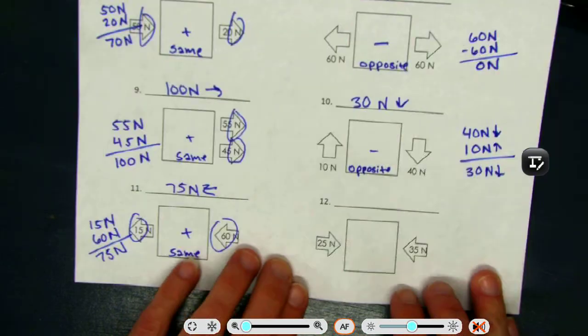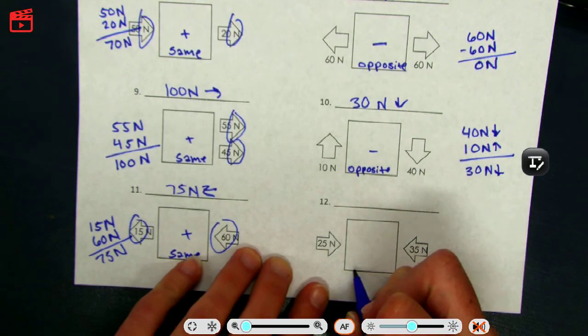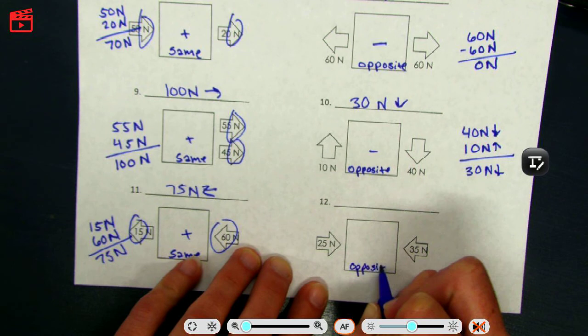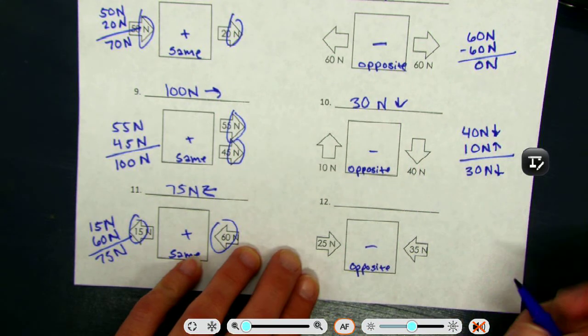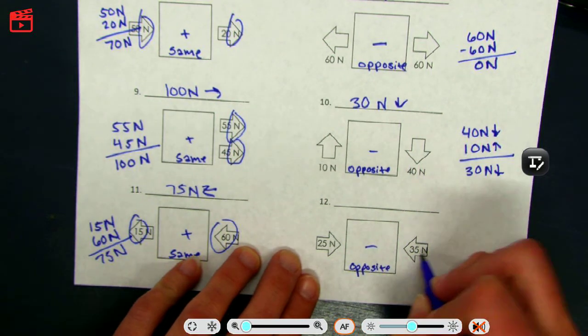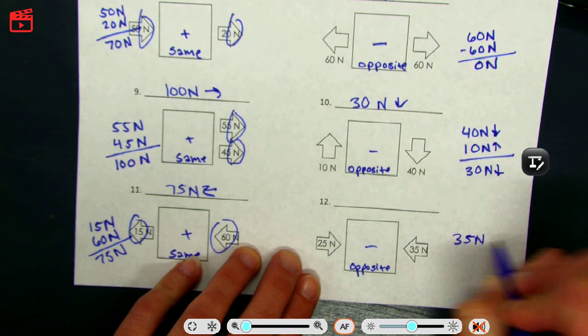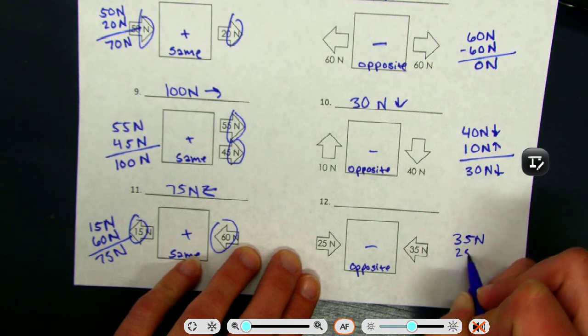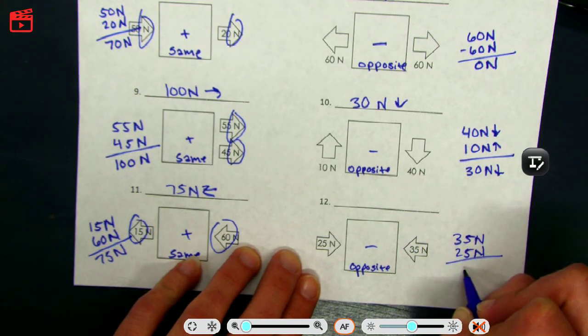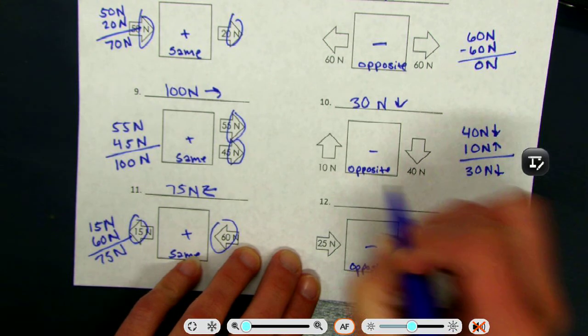And finally, the last one, they are going opposite. So I'm going to subtract. My bigger one is right here, 35 newtons, 25 newtons, and I have 10 newtons to the left.